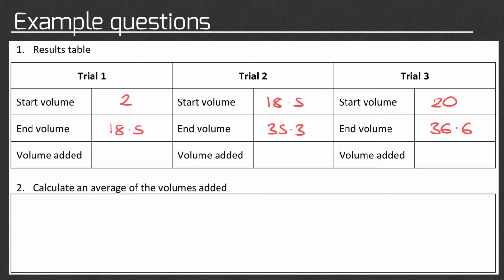So the volume for trial 1 would be 16.5, the volume for trial 2 would be 16.8, and the volume for trial 3 would be 16.6.